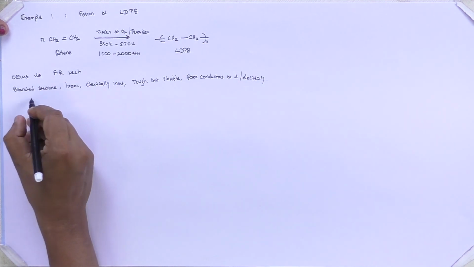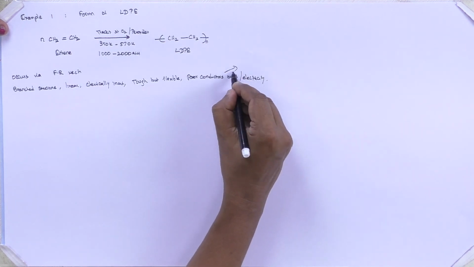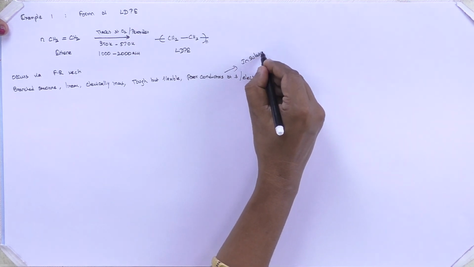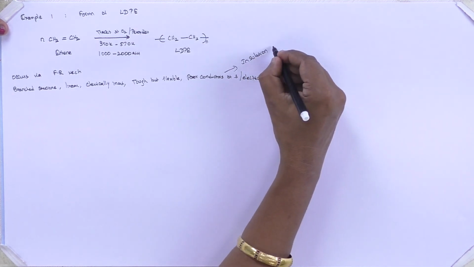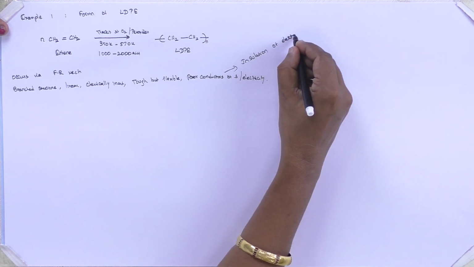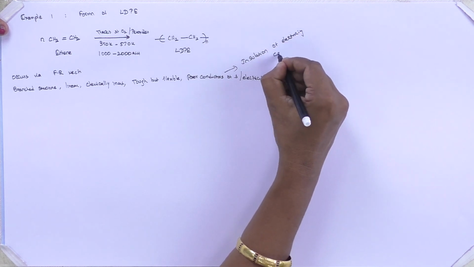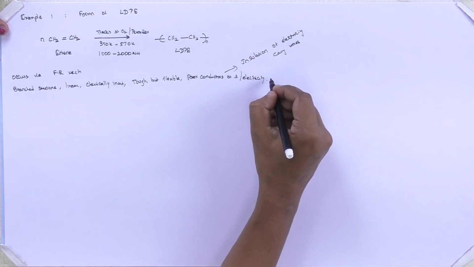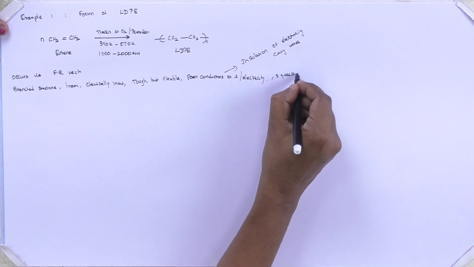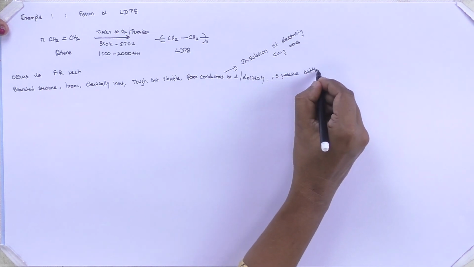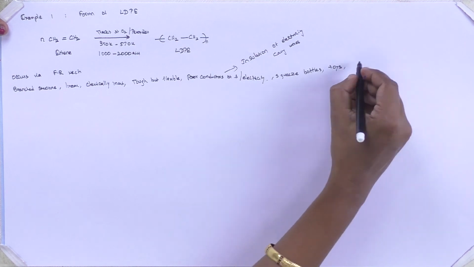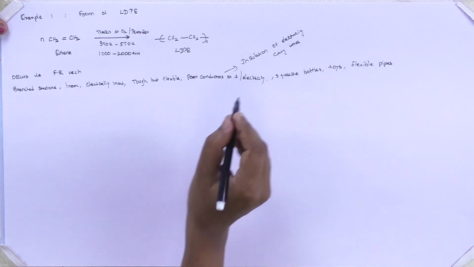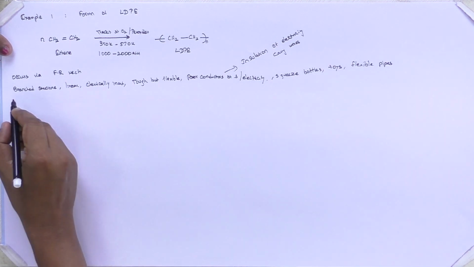As it is a poor conductor of heat and electricity, it is used in insulation of electricity carrying wires. So this is one main application. They are also used in squeeze bottles, toys, and even flexible pipes. In all these, this is used.